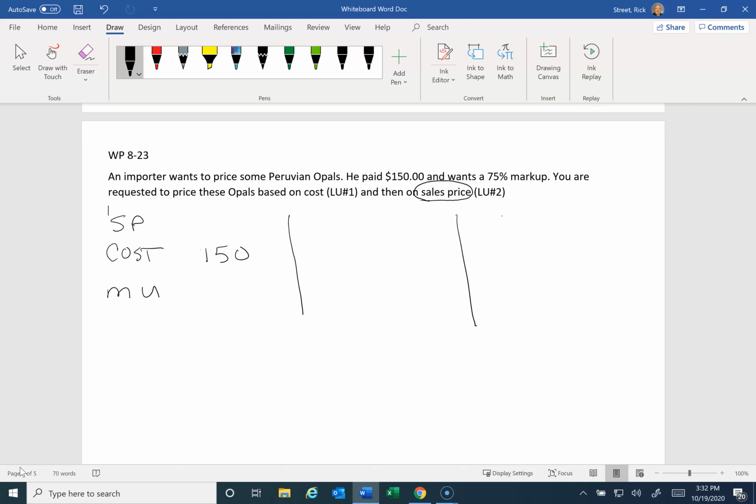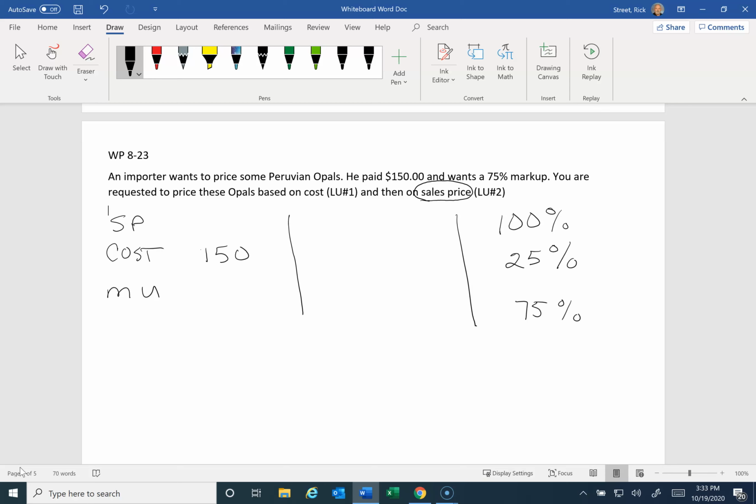We know that sales price is now our base, so that's 100%. We know our markup is 75%, and so we know our cost is 25%. Now in this problem, it looks like we don't have enough information, but we filled out this percentage table rather quickly.